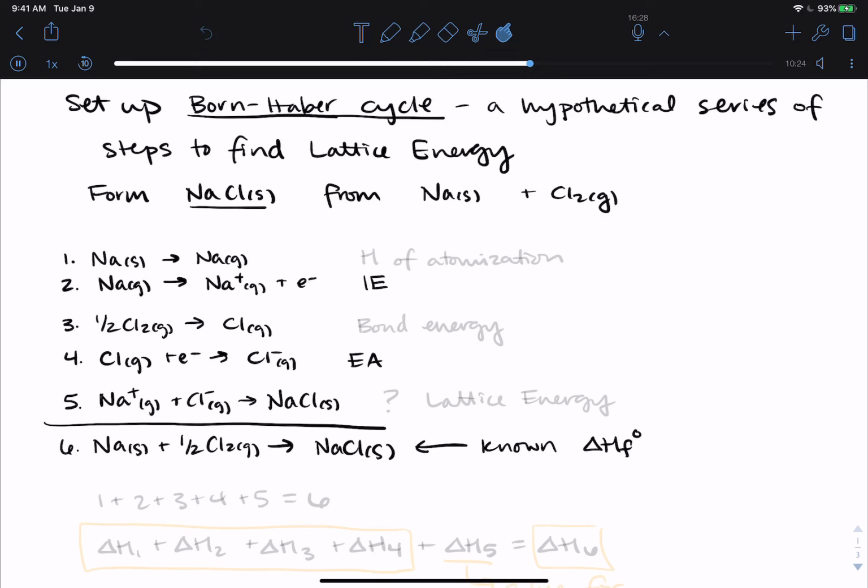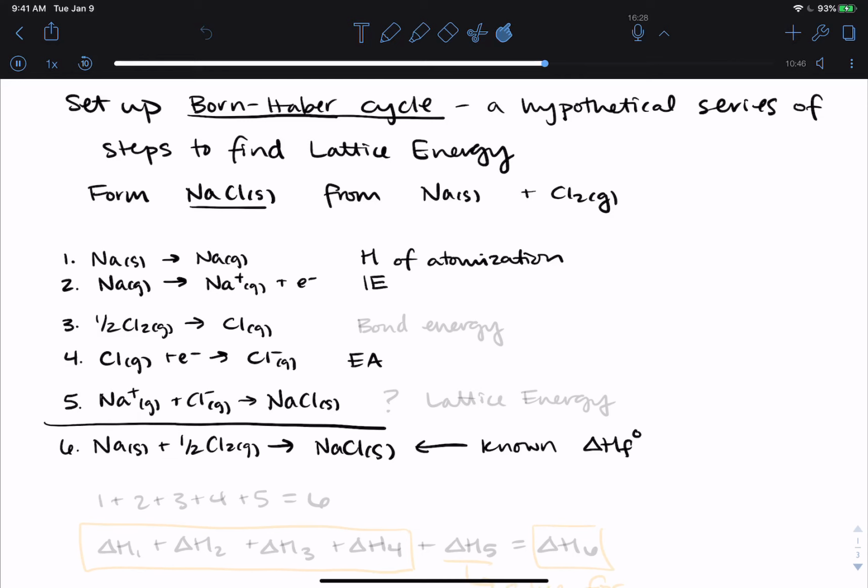We know that step 4 was an electron affinity. We know that step 2 was an ionization energy. It turns out that step 1, you could look up, it's an enthalpy of atomization. We could just look up how much energy it takes to turn the solid into a gas.